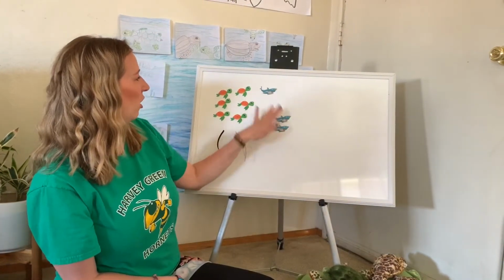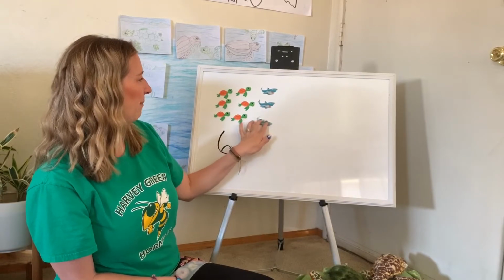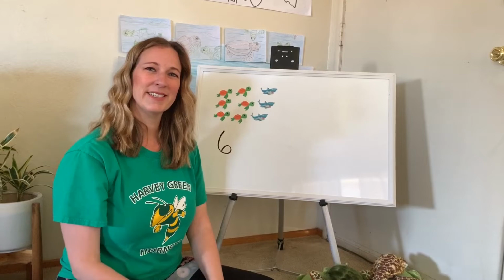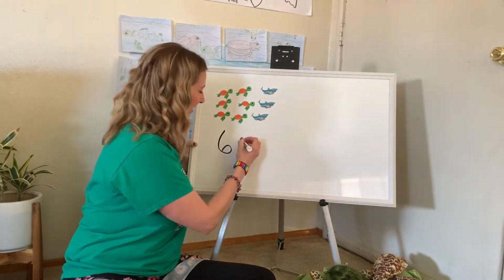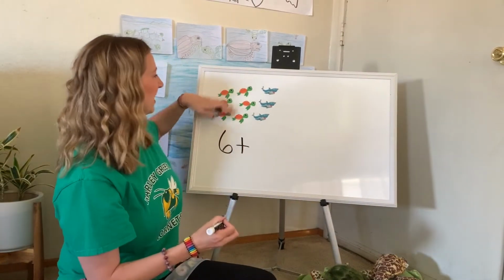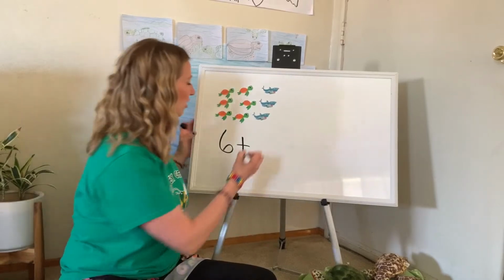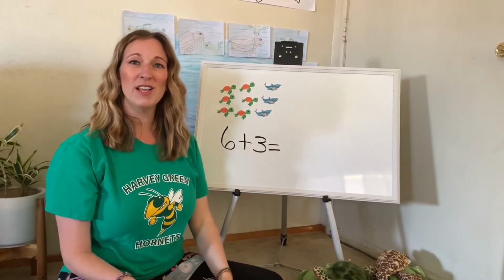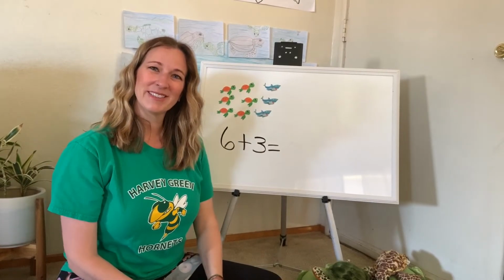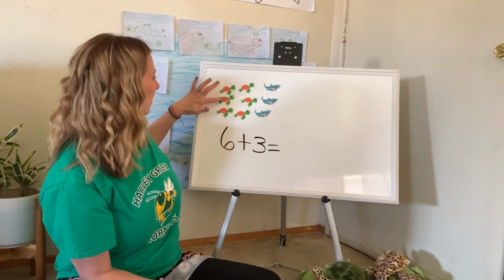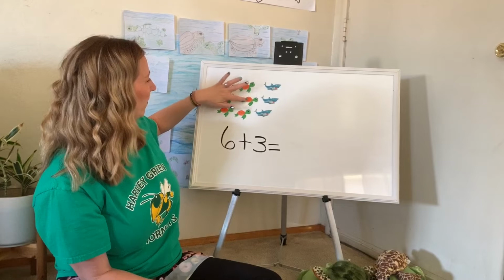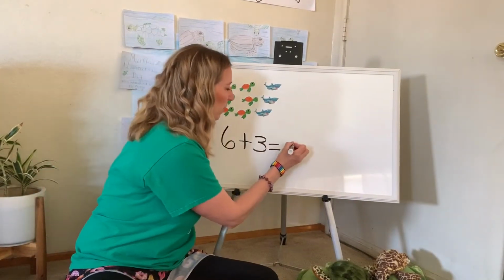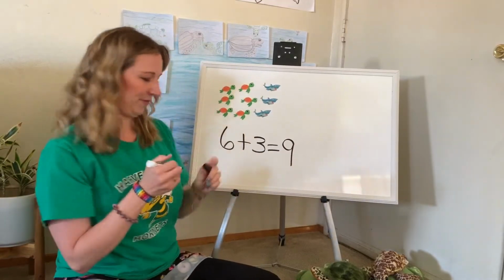So since they're all together, am I going to add the sharks or subtract? I'm going to add. I want to know how many sea creatures I have in all. So what's 6 plus 3? Let's count. 1, 2, 3, 4, 5, 6, 7, 8, 9. Ooh, so this one was an addition problem.